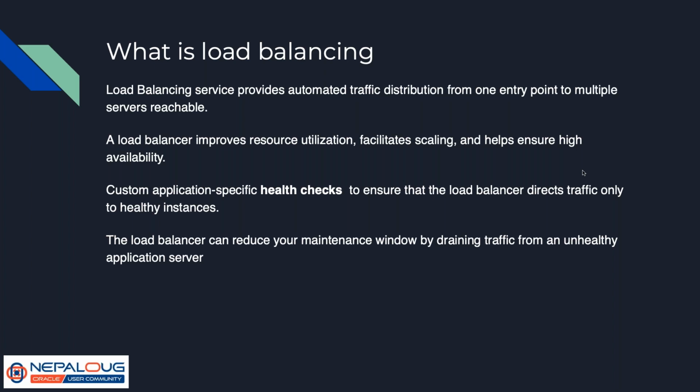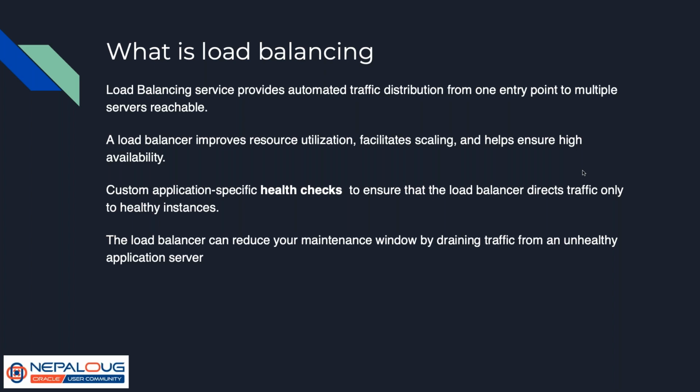Another thing about load balancing is that there is a custom application-specific health check to ensure that the load balancer directs traffic only to healthy instances. That means if you have a lot of backend servers, there is a chance that one of the servers may become faulty, and if your load balancer sends traffic to the faulty server, then your request could not be served, right?